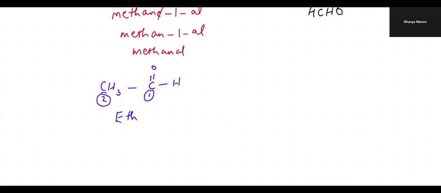So ethane, 1-al. Here I cannot use E because there's an A here. So I'm just ignoring that E. Now here, it is also called by another name. You can ignore this one also, no problem. But its common name is acetaldehyde. So these common names, sometimes they use directly. So you must know that it is a second member of the aldehyde group.